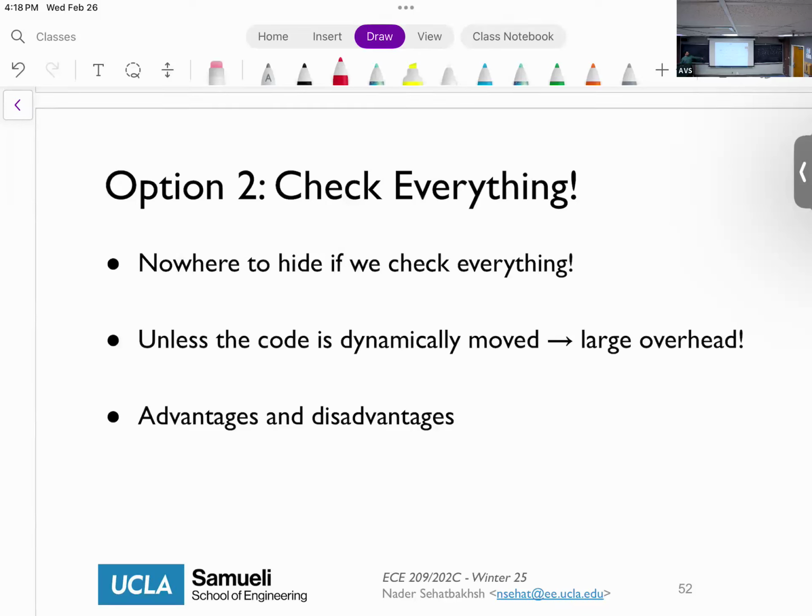Although it has been shown that this is not the most efficient or the most robust option, because, for example, people have shown that the adversary can copy things into the data memory or some other parts of flash or ROM.